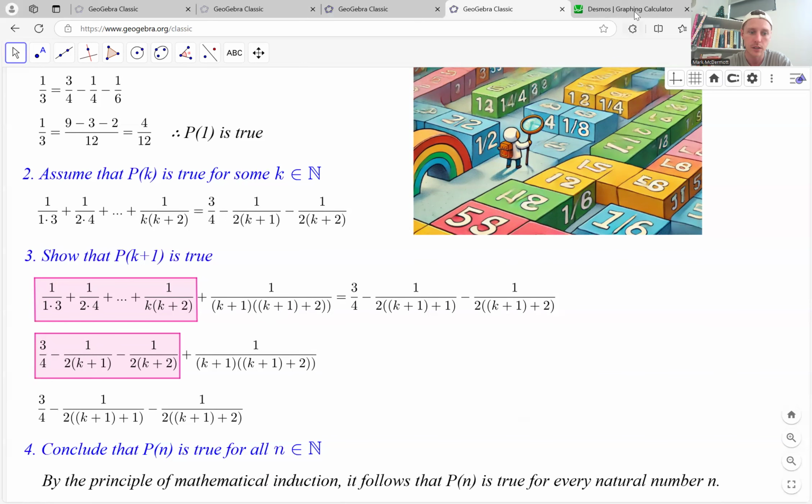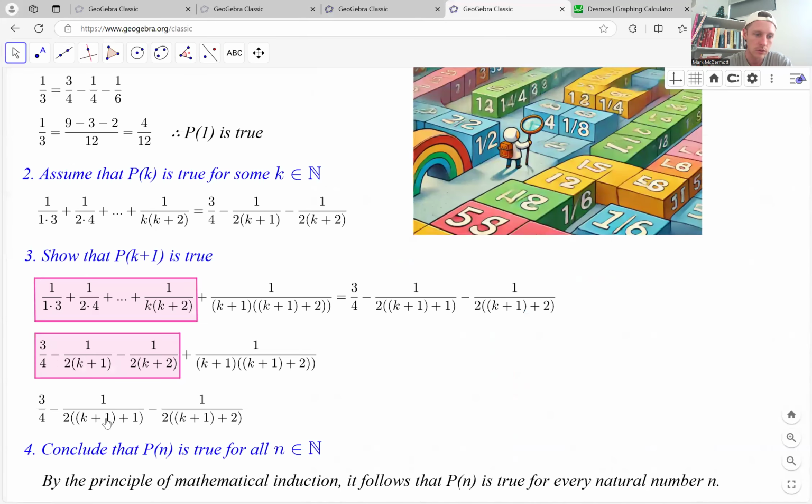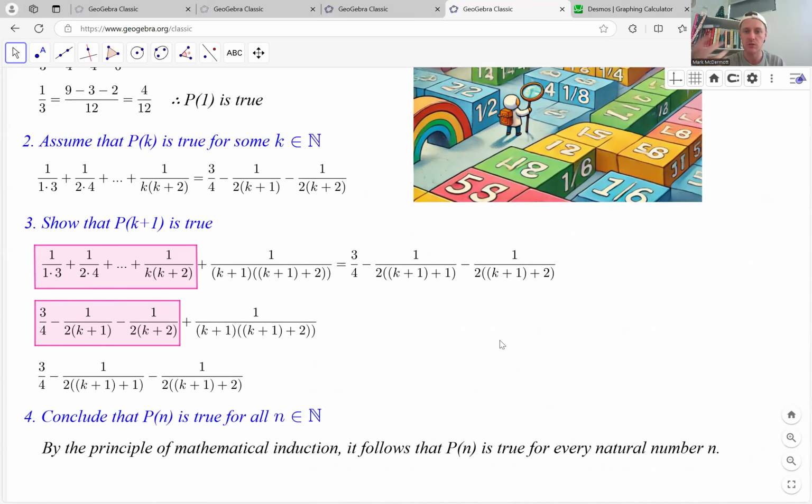We can see that that's actually equal to the right-hand side, which is this second line. If I turn one of them off, they sit at the same points. So that graph shows that this line equals what we're trying to show, which is the right-hand side.